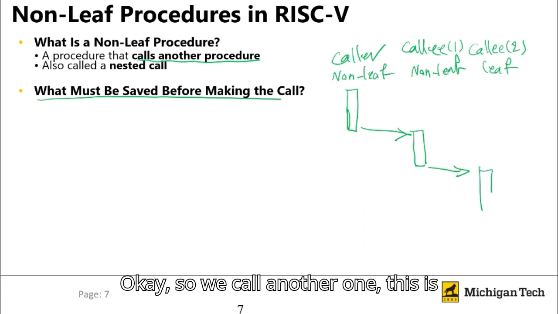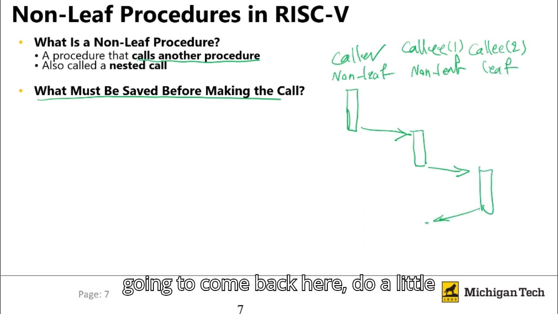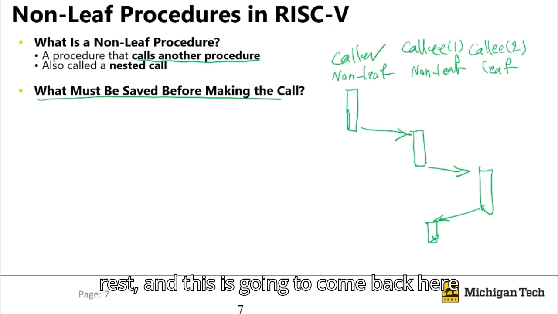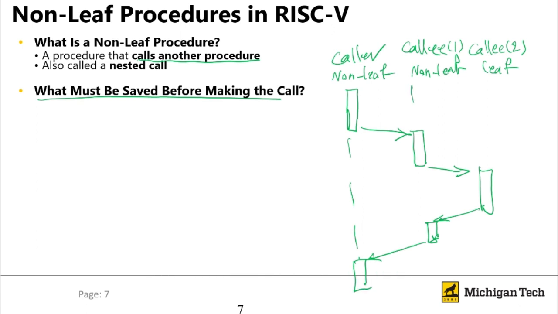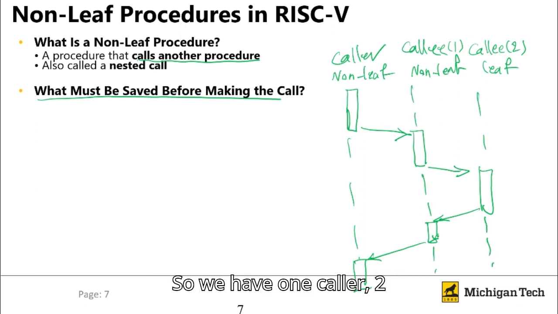Okay, so we call another one, it comes back here, does a little rest, and this comes back here and does a little rest. So the structure is like this. We have one caller, two callees. The first one is non-leaf, the other one is leaf. Okay, so let's see what we need to preserve in each one.